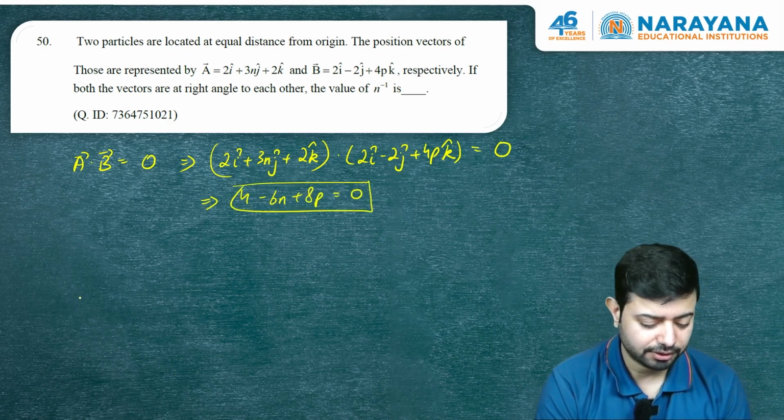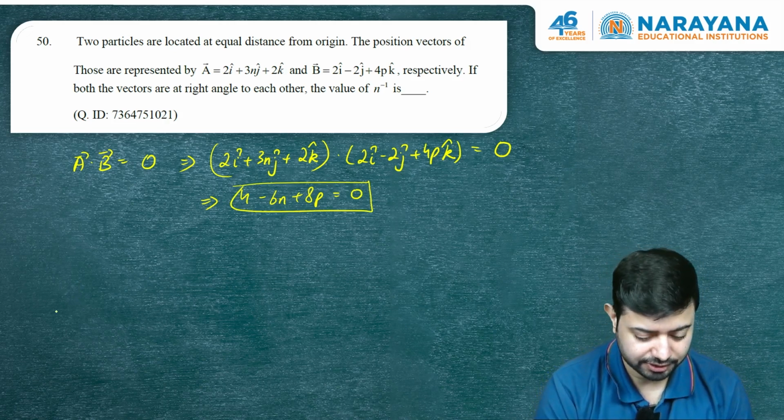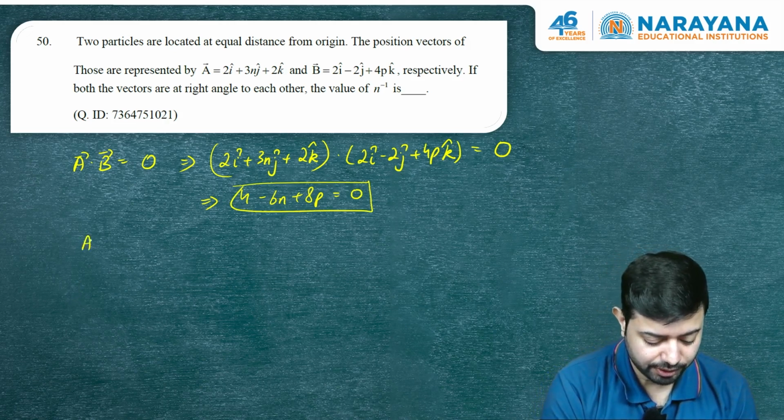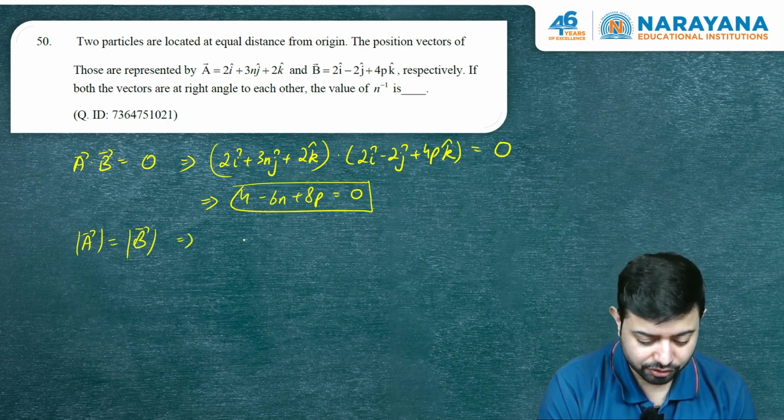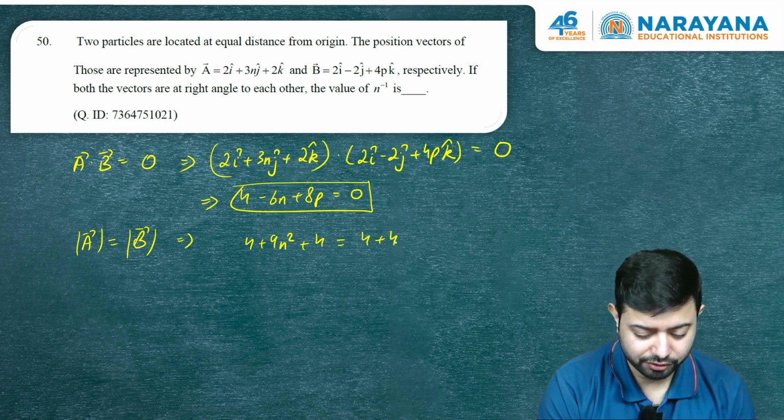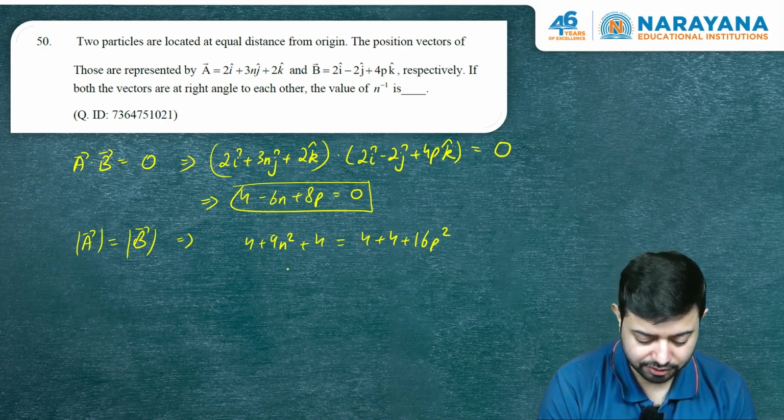Another relation will come, they are at equal distance, right. So equal distance means magnitude of A should be magnitude of B, and let us find out magnitude now. So 4 plus 9n square plus 4 should be equal to 4 plus 4 plus 16 p square, and this is nothing but 9n square is equal to 16 p square, right.